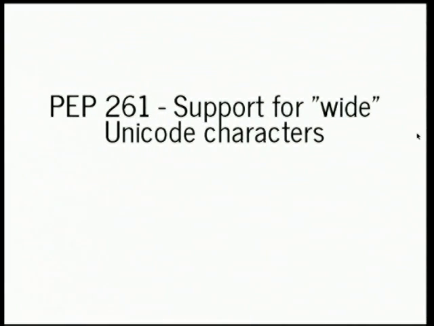Okay, so in Python 2.2, I mentioned briefly that Unicode was always being stored as UTF-16. But it turned out that some people wanted to be able to access the entire Unicode code point range without dealing with a surrogate encoding.